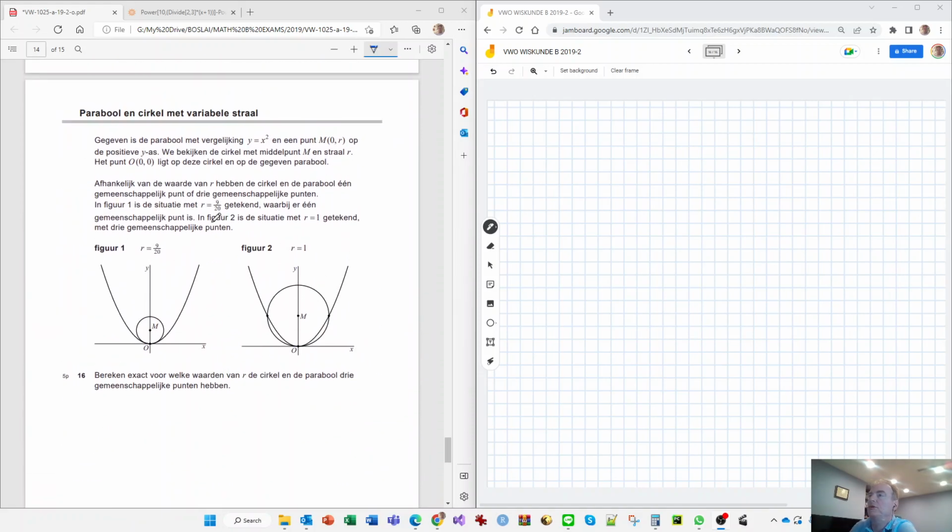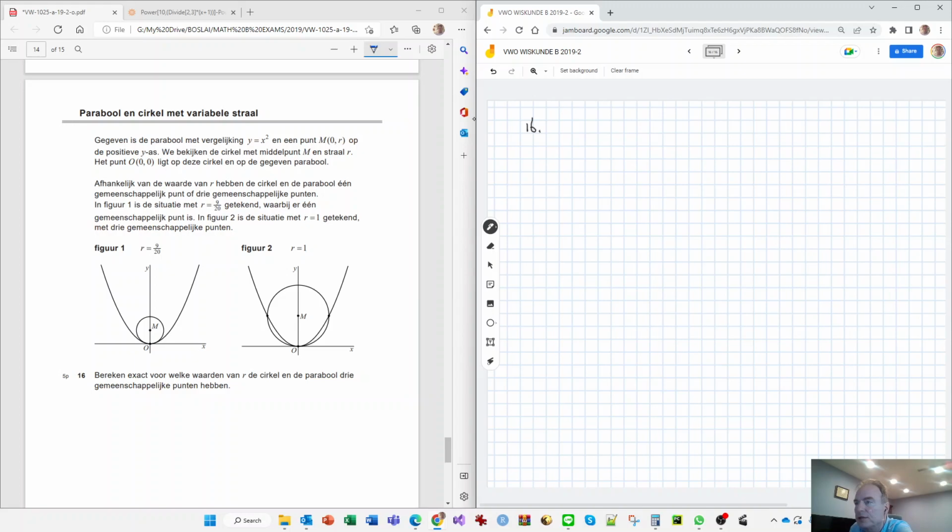Question 16. A parabola and a circle. We have a parabola y is x squared and a point M, 0r, on the positive y-axis, and we look at the circle with center point M and radius r, and the origin is on the circle and also on the parabola, and dependent on r, the radius, you can either have a single common point or three.